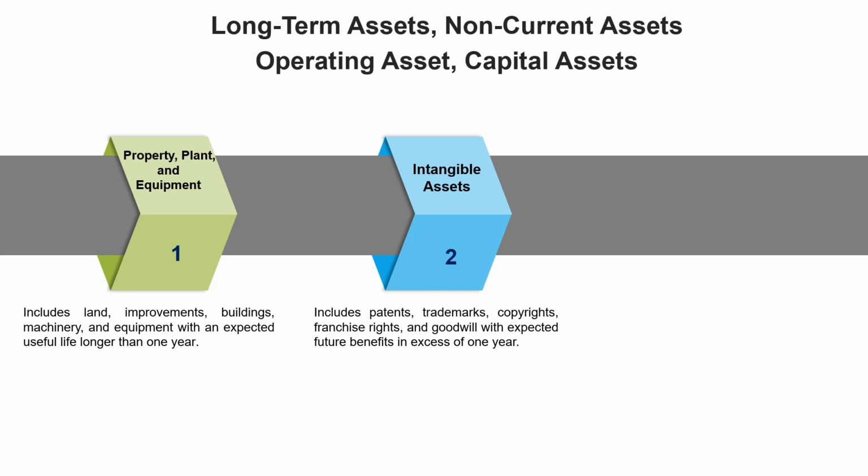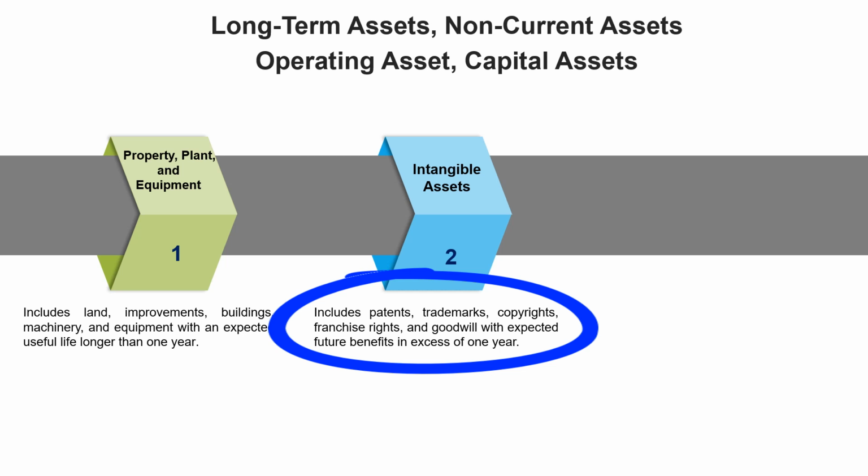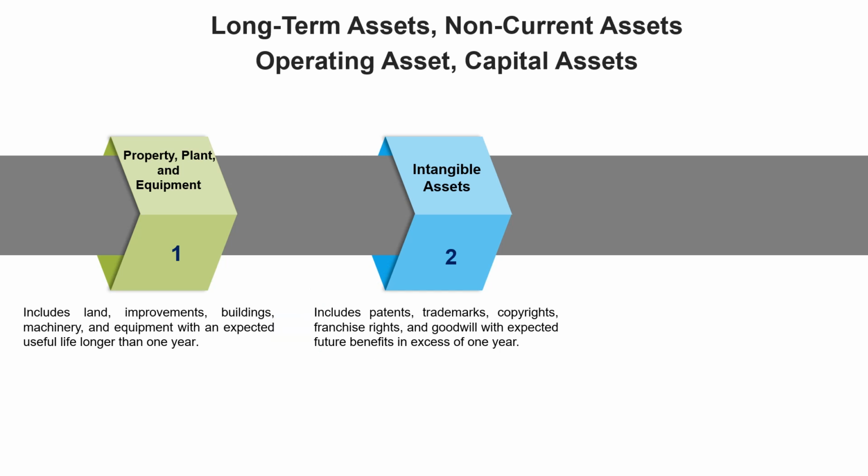The second category of long-term assets is usually referred to as intangible assets. This might include patents, trademarks, copyrights, franchise rights, or even something sometimes referred to as goodwill. But again, in order for these to be referred to as long-term assets, they must be patents, trademarks, or copyrights that provide certain rights and benefits for more than 1 year.